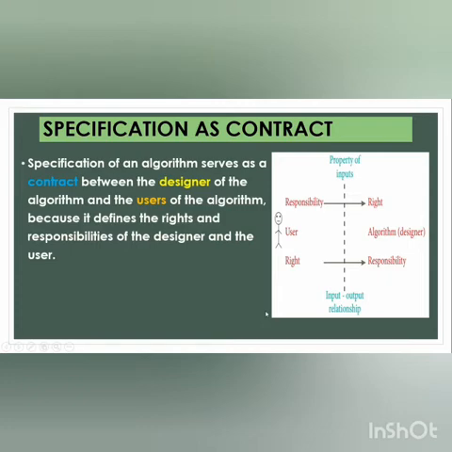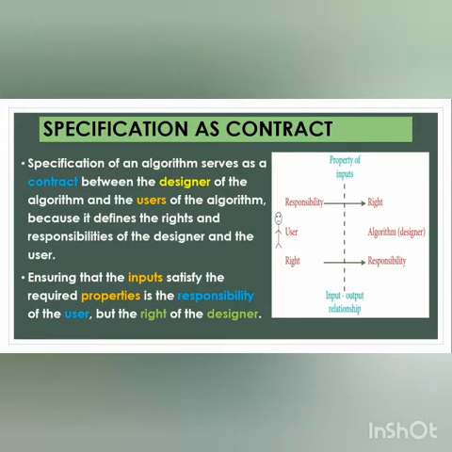That is, both the designer's and the user's rights and responsibilities are required. Ensuring that the inputs satisfy the required properties is the responsibility of the user but the right of the designer. So, the user has the responsibility to give the input properties to the designer, but it is the right of the designer.